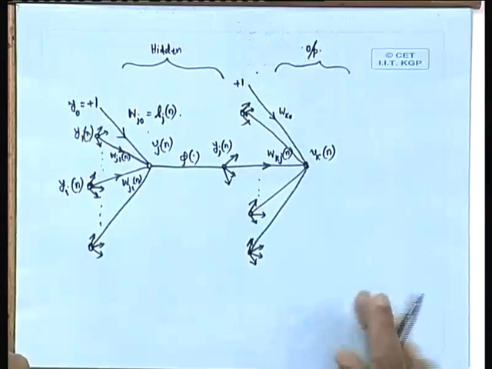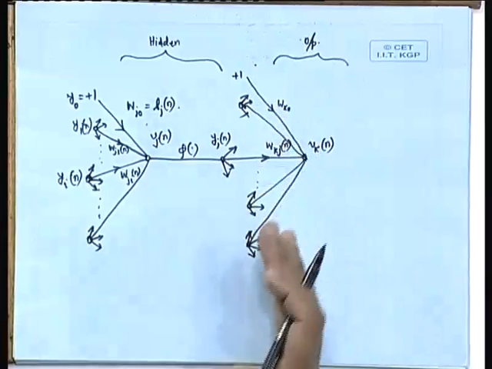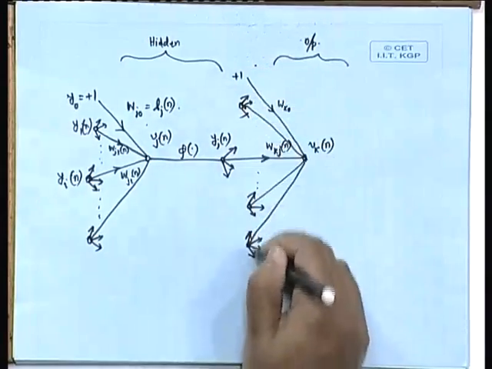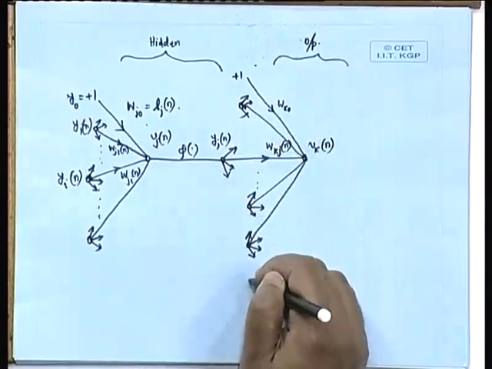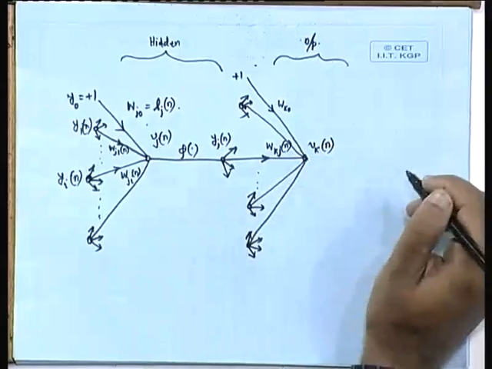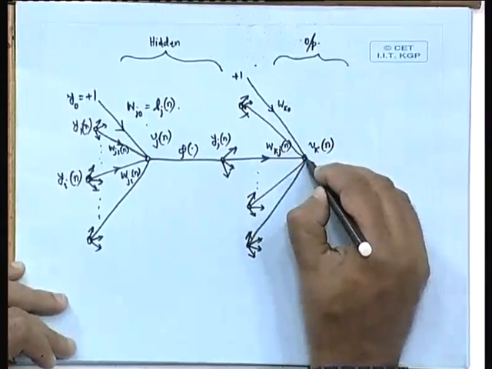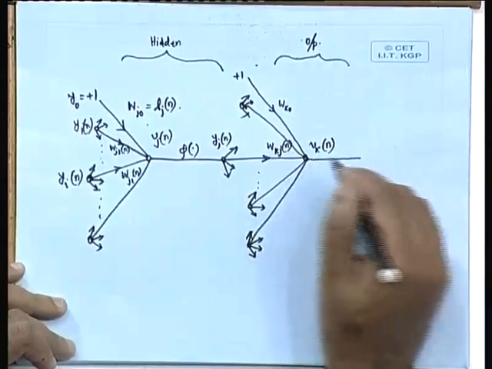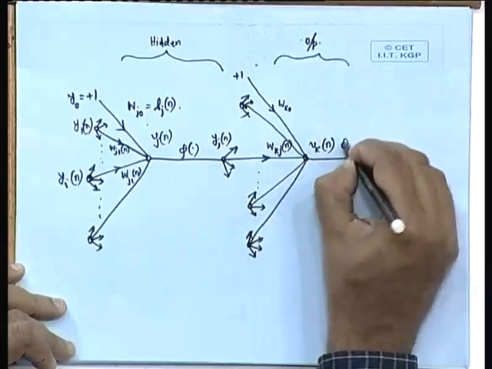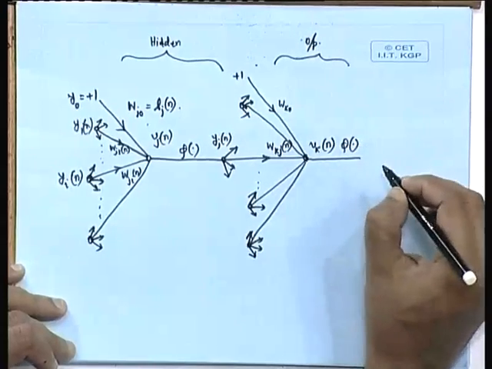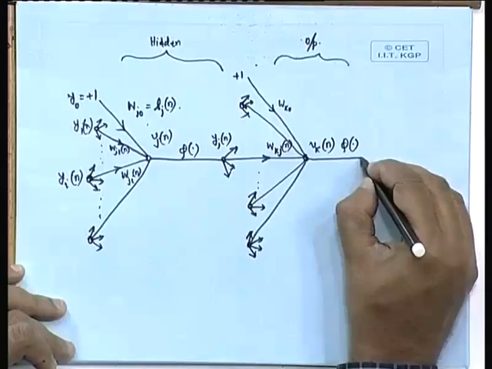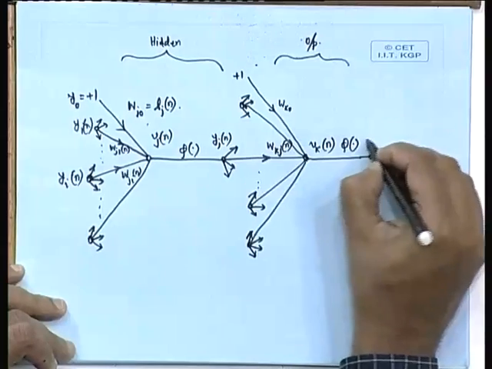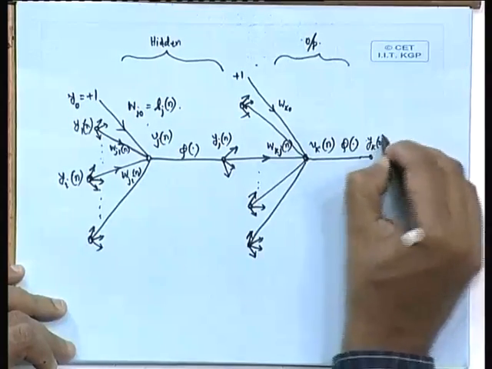So, this is the way our graph would look like. Here all these inputs are coming from the hidden layer, and K belongs to the output layer. On this Vk we will apply another phi function, and in the process we will get Yk of n.